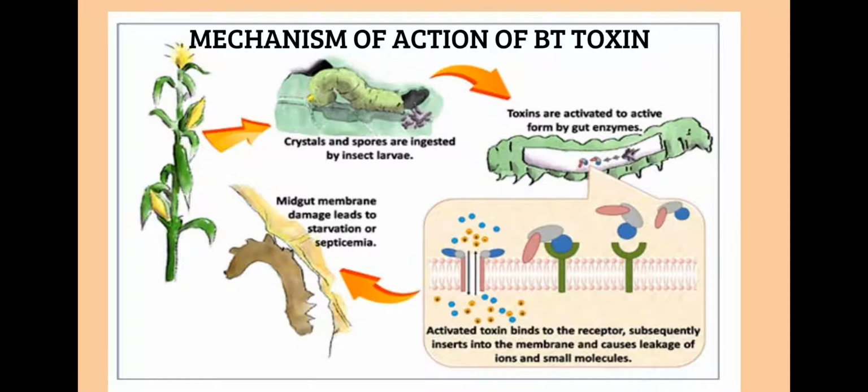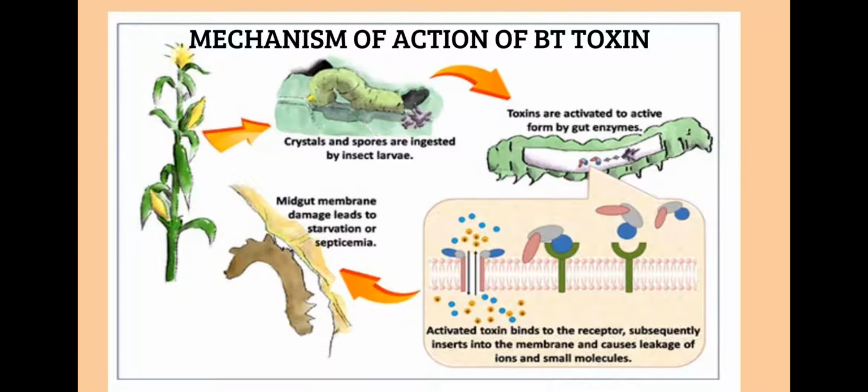These active toxin proteins bind specifically to brush border membrane vesicles, and this is present in the midgut epithelium cells. So, in the midgut, the active toxin proteins bind to these membrane vesicles of the epithelium cells. This creates pores in the midgut.